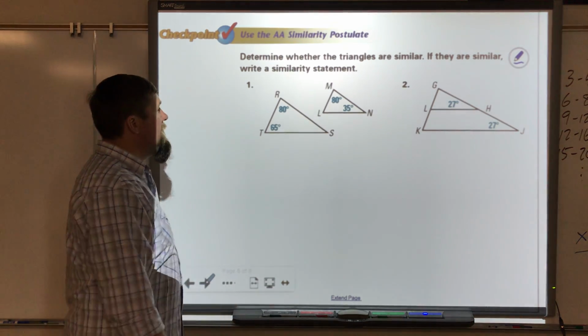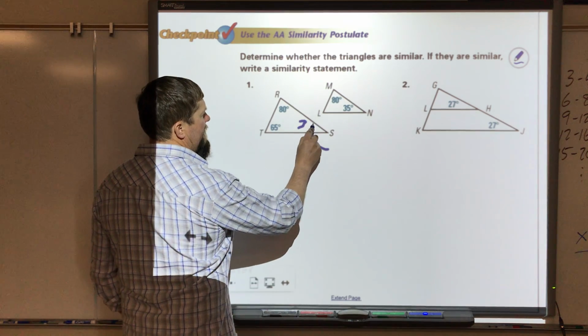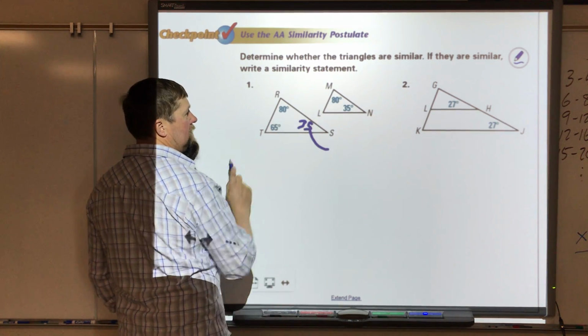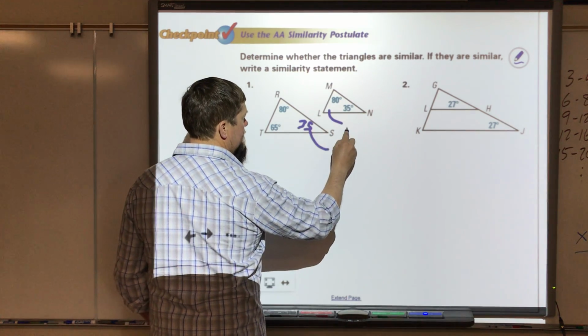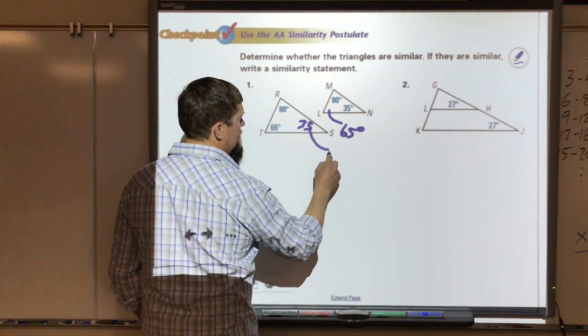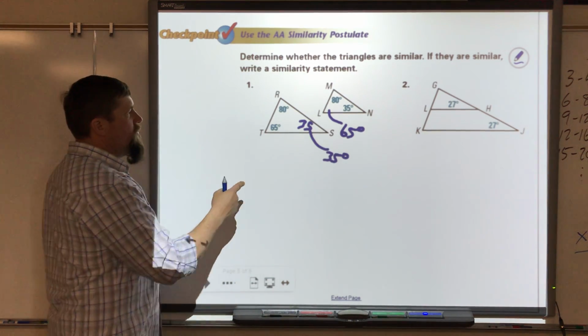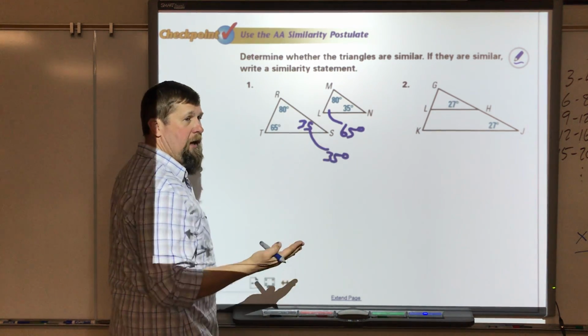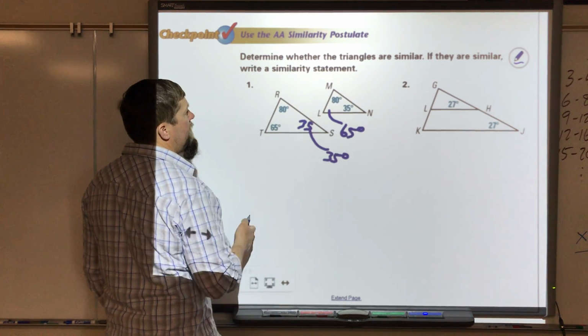Okay, welcome back. We know that this angle has to be 35 degrees because all three angles add up to 180. This one has to be 65 degrees. And so therefore, you know all three angles are congruent. You only need to know two, but all three of them are congruent.